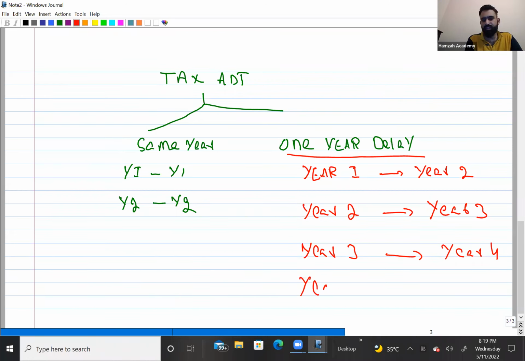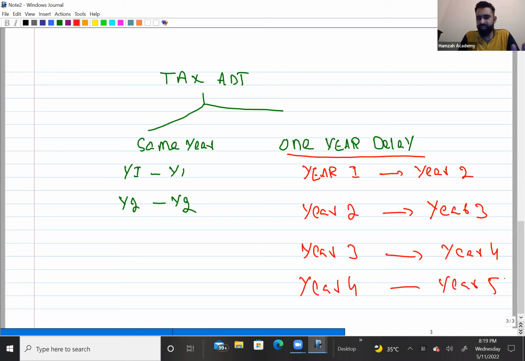The tax of year 4 will be paid obviously in year 5. This is with 1 year delay. Now it totally depends on the question. It will be clearly mentioned when the tax should be paid.